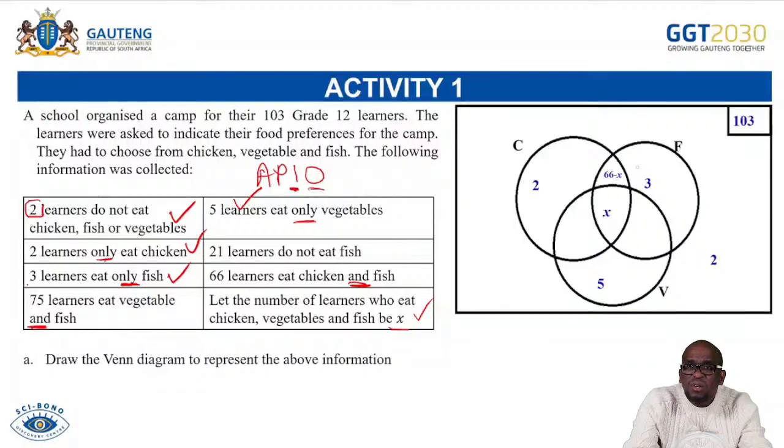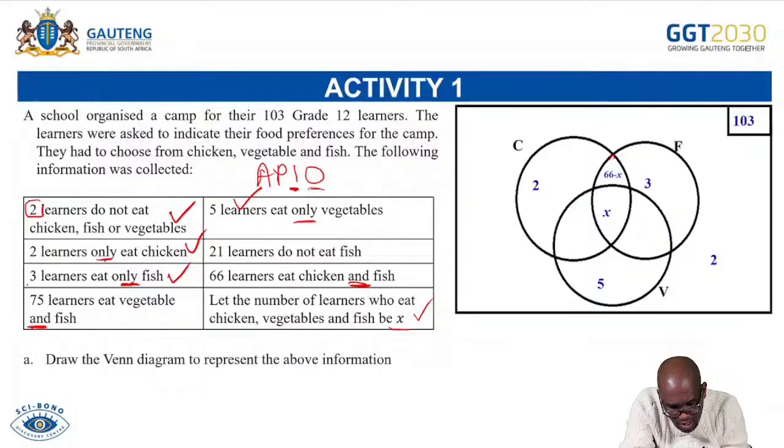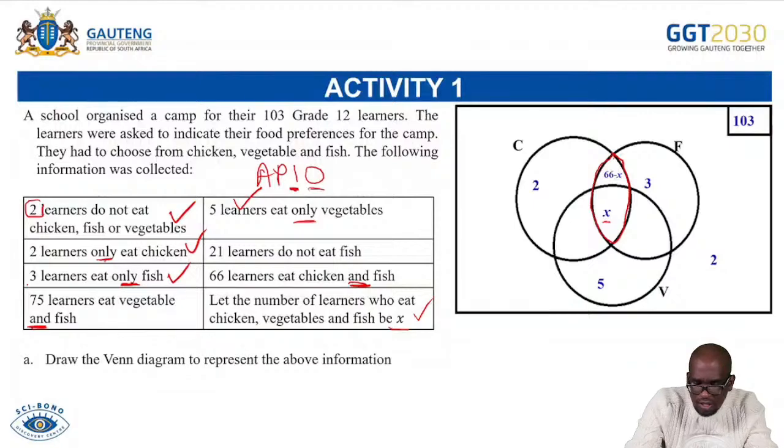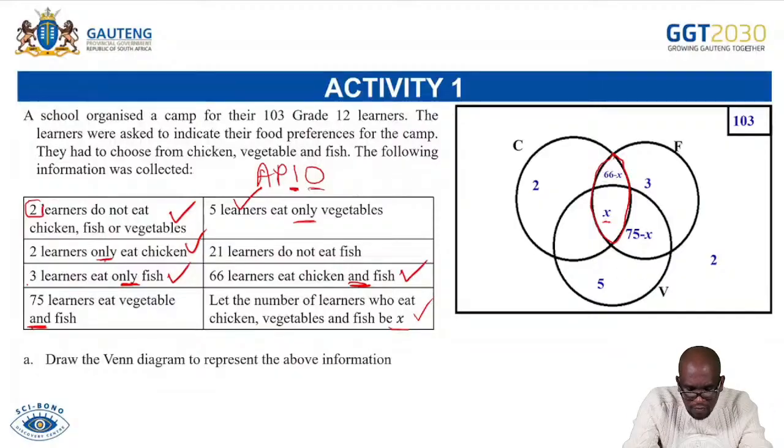We take away X from the 66, because in total we must have 66, but we've already counted X, so we use 66 minus X. Then we have 75 eat vegetable and fish.